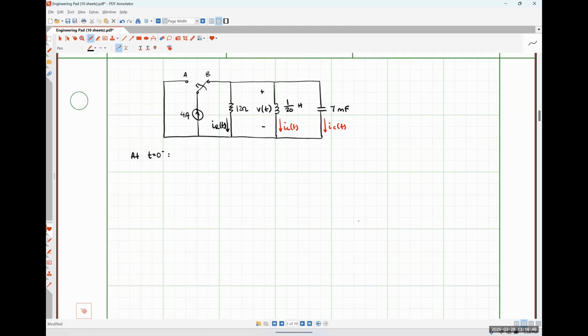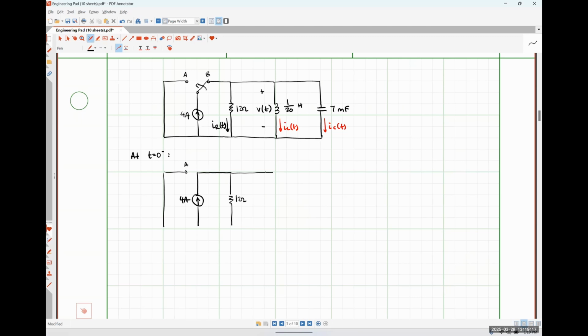So at t is equal to 0 minus, our A terminal is just open circuited. We have our 4 amp source. Here's our 12 ohm resistor.